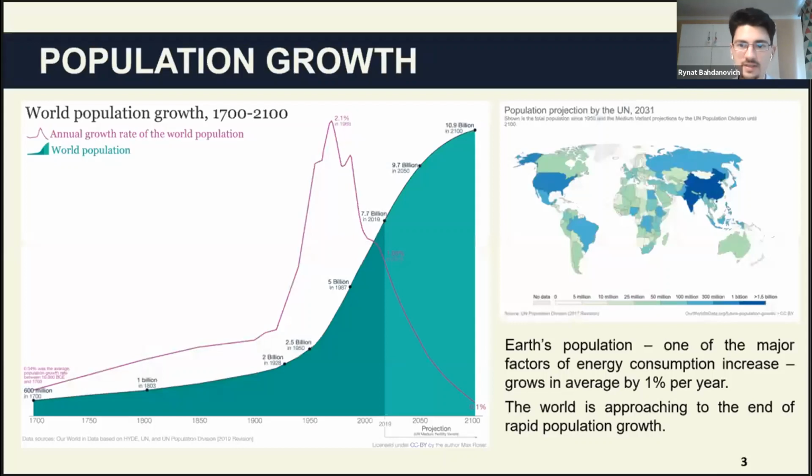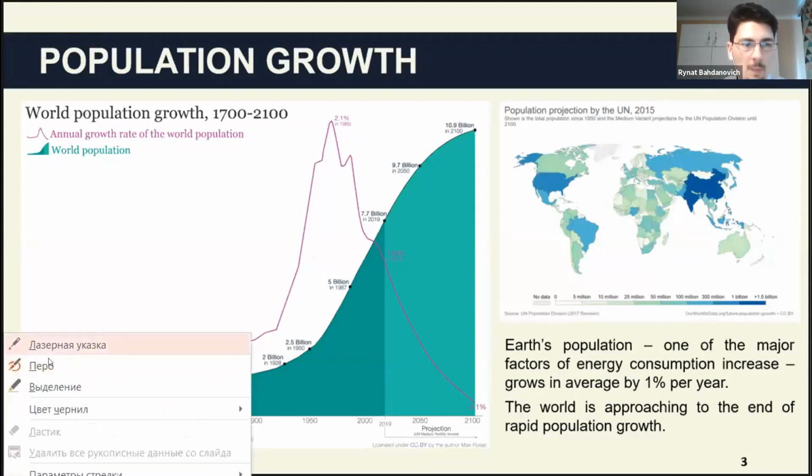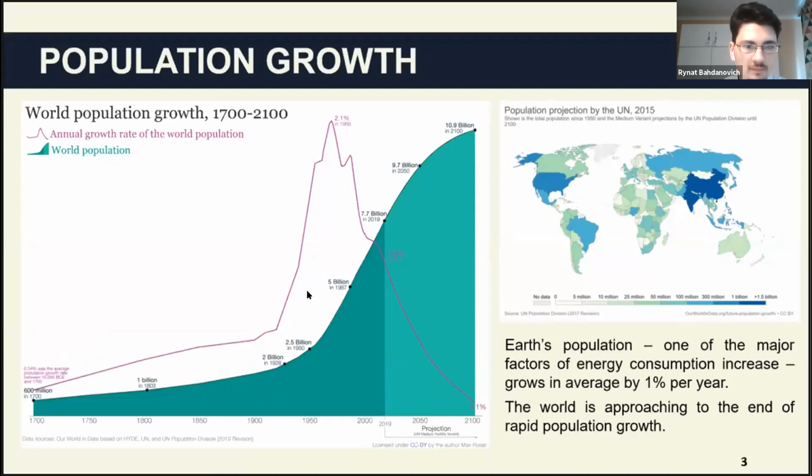Here you can see how the world's population and its annual growth rate have changed during the last 3 centuries, and also the projection for the current century.